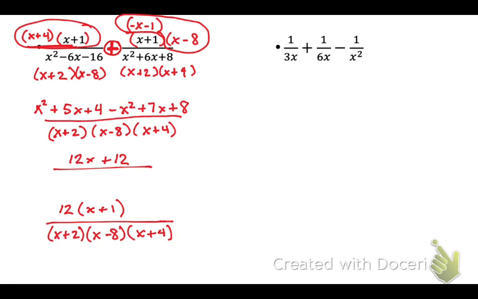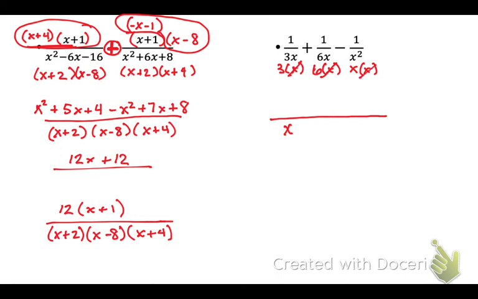So the first one, I have 3 times x, the next one I have 6 times x, and then x times x. So I need to have everything covered, correct? Yep. So is there one thing they all have in common? X. So I have 1x, correct? Yep. So that takes care of this one, this one, and that one.